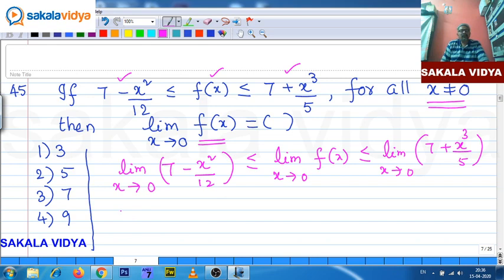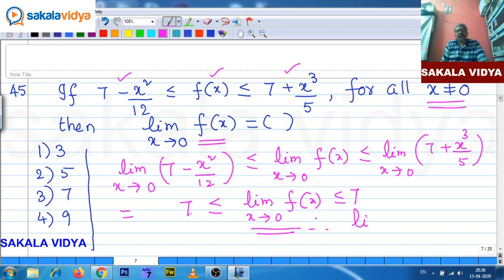Now apply the limit. In the place of x put 0, so this is 7 less than or equal to limit of f of x less than or equal to 7. This is sandwiched between 7 and 7. So therefore limit x approaches 0 of f of x is 7. That means the third option, option 3.